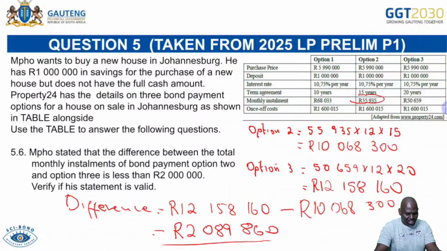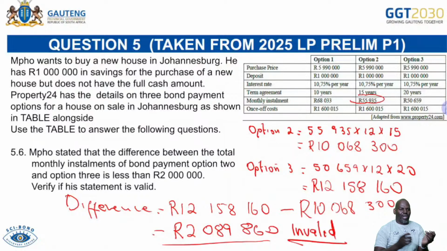Mpo stated that the difference between the monthly installments of bond payment option 2 and option 3 is less than 2 million. Verify if his statement is valid. So the statement is invalid, because we can see that it is more than 2 million. The difference is more than 2 million.